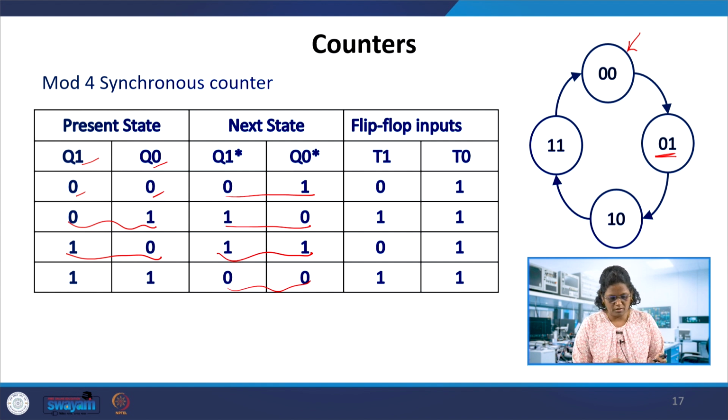Okay, so if the present state is this and I move to this next state, what should be the flip-flop input? If I use the T flip-flop, the present state is 0 and the next state is 0, so it is retaining that state. It is not changing from 0 to 1 or 1 to 0. Then the first T1 should have input 0, so it need not have any input to change the state.